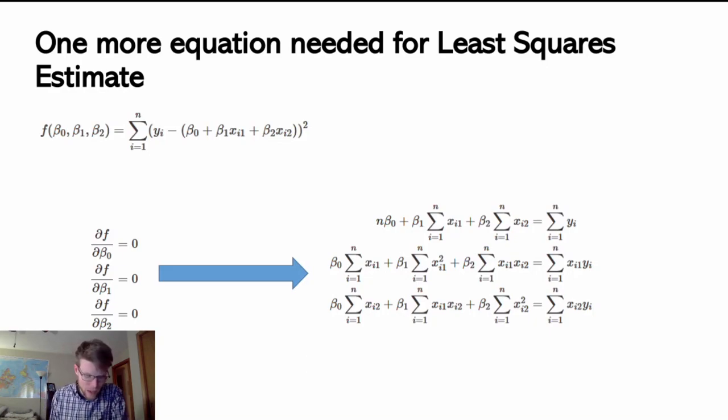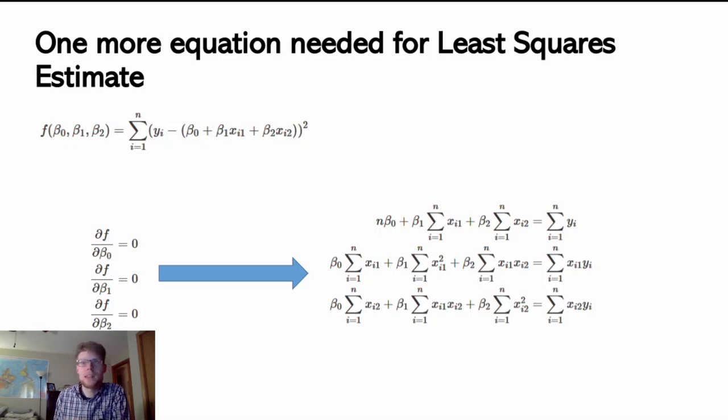So again, our strategy here would be to treat this equation as a function of beta naught, beta 1, beta 2, and as many betas as I'm going to have, as many predictors as I'm going to have. And I want to minimize what's called the squared residual. So the difference between the actual y values and my fitted y value, my y hats. And then I want to minimize the squared error that comes out of that.